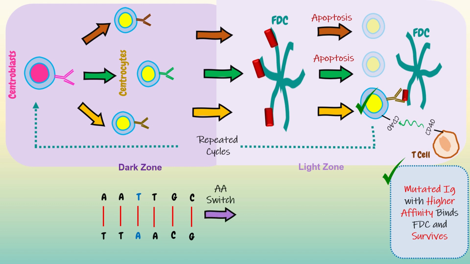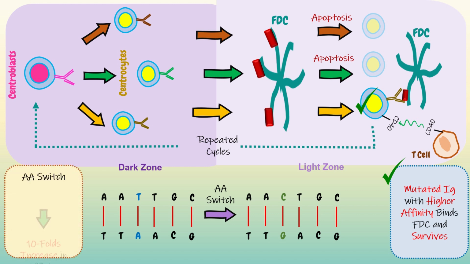Substitution of amino acid. For example, as you can see in this sequence there is thymine and adenine. But amino acids switch, as thymine and adenine have been replaced by guanine and cytosine. Amino acid switch can increase the affinity of immunoglobulin tenfold.